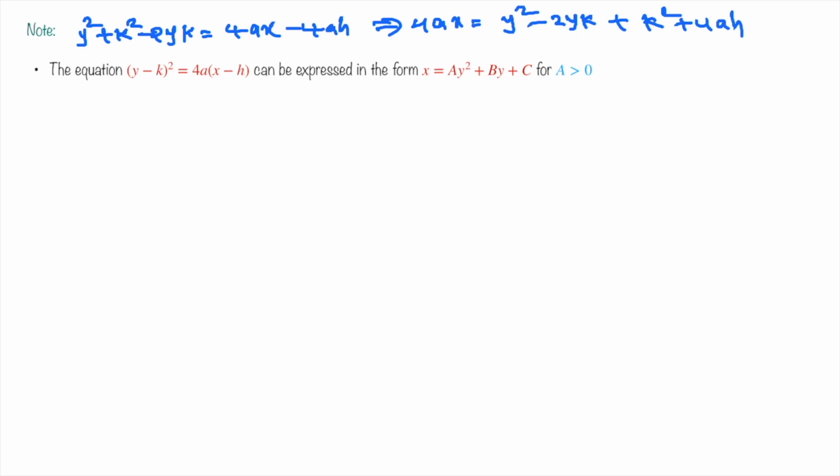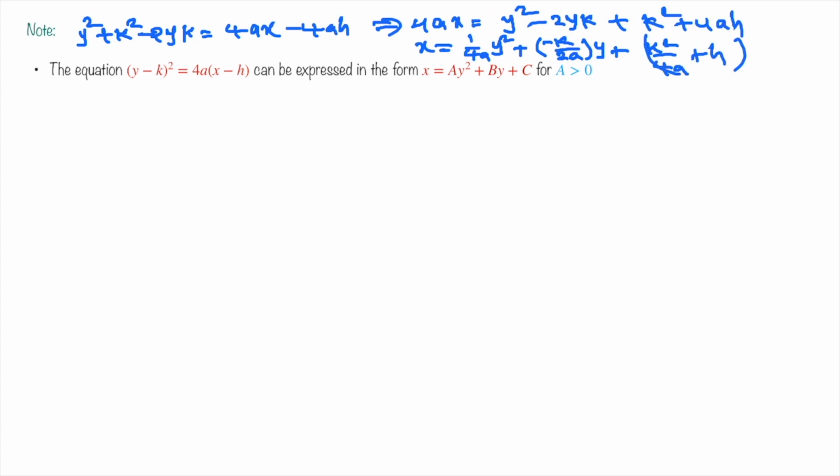So if I bring the 4a to this side, I can write x equal to 1 by 4a y square minus k by 2a times y plus k square by 4a plus h.